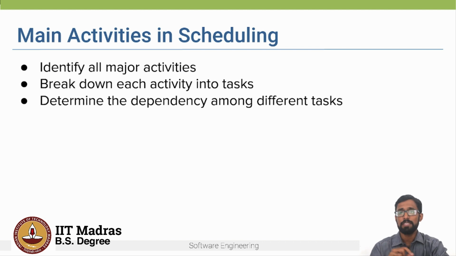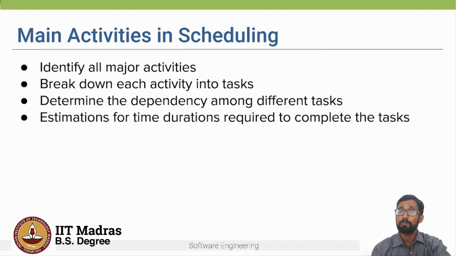Some of these tasks may be dependent on one another, so we have to determine the dependencies among these different tasks. For example, task B can start only after task A has been completed. Or let's say task B, C, D can happen in parallel. Such dependencies have to be determined. And then we have to also estimate the time duration for each of these tasks.